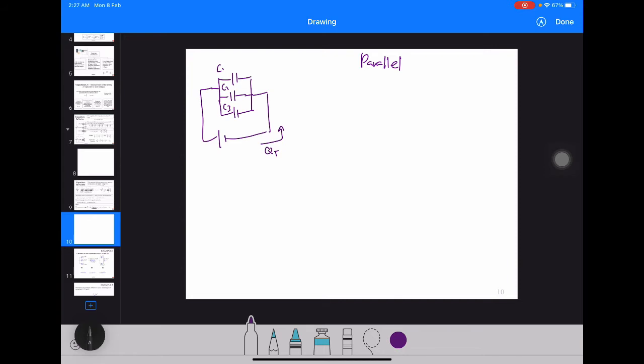The thing about a charge is, when it goes to a junction, it will try to separate. For example, if Q total here is 10, maybe it separates into 3, 3, and 4. So the total is still 10, but every time they go into a junction, they might separate.